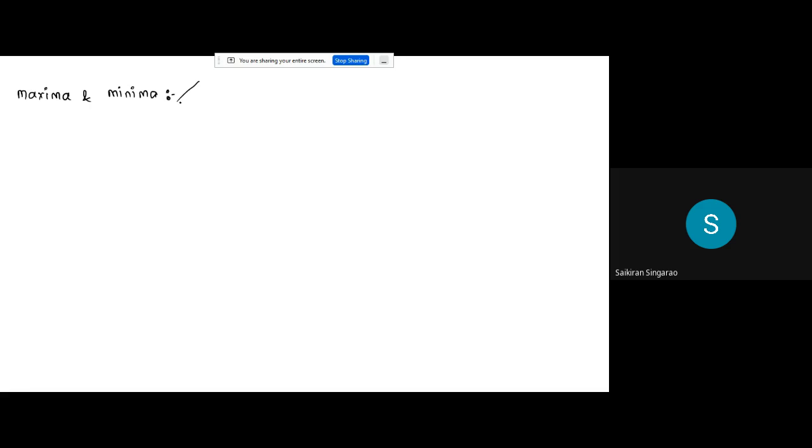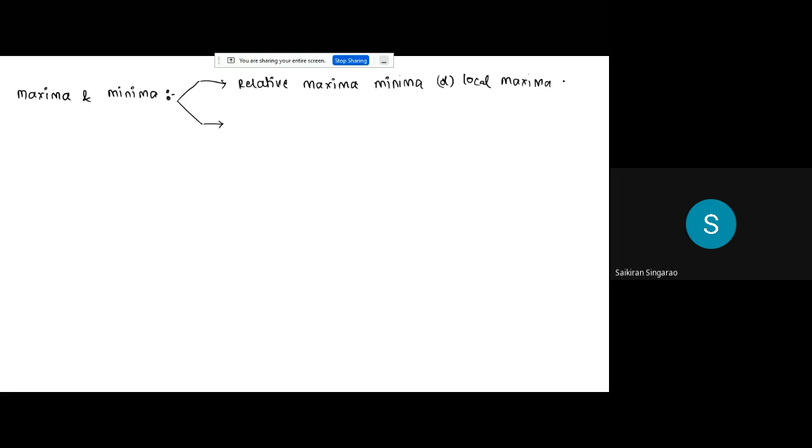They can be two things. The first one is called relative maxima minima, or local maxima minima. Relative maxima minima or local maxima minima.